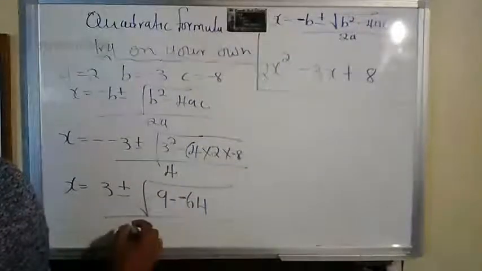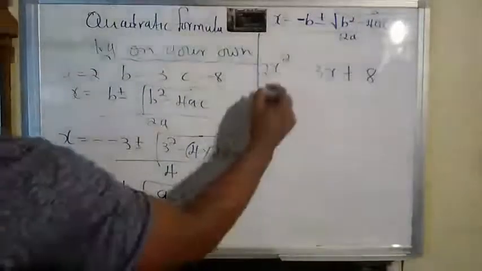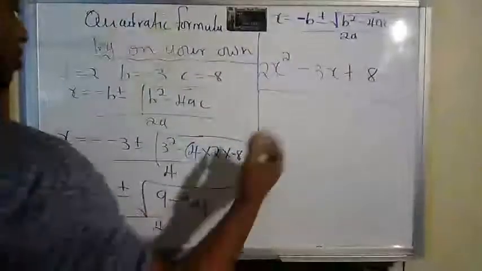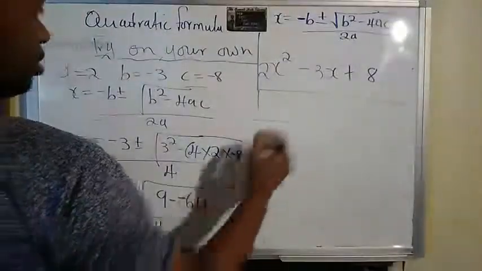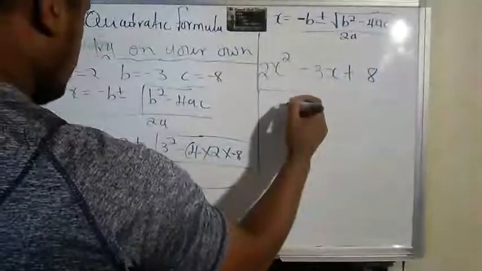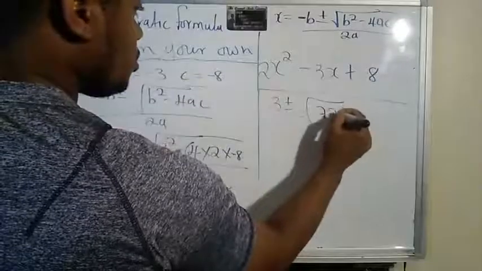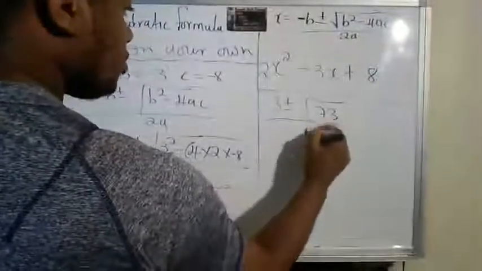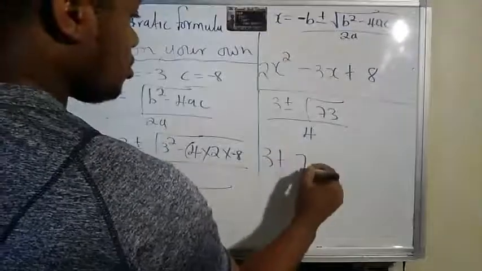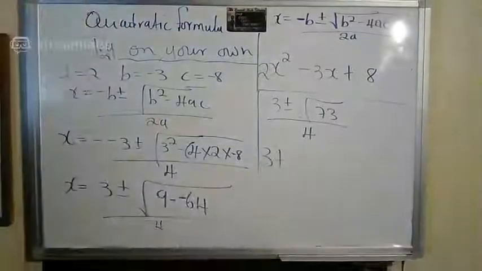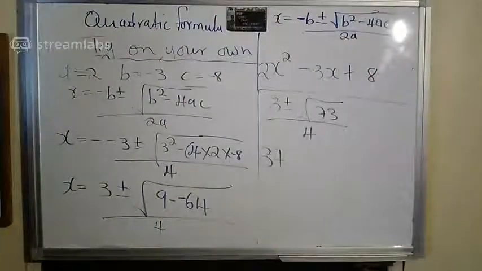So, divided by 4. So it's going to be what? 9 plus 64, that's 73. So 3 plus or minus the square root of 73, all upon 4. So it's going to be 3 plus, 7 7s are 49, 8 8s are 64.